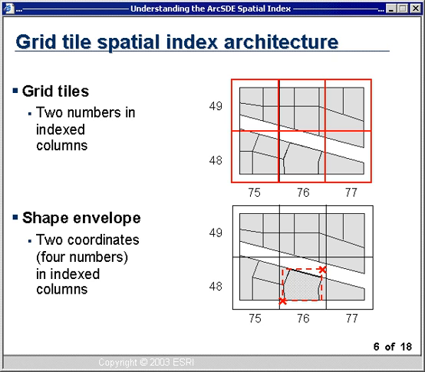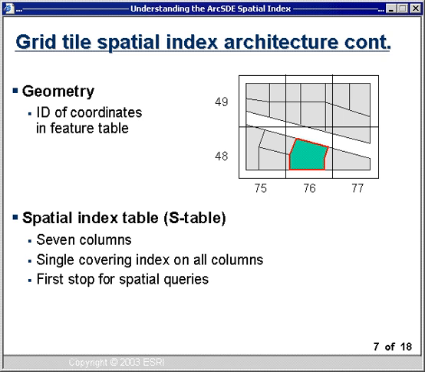So moving on with the rest of the grid tile spatial index architecture, I mentioned that there's 7 columns. So the first 6 were the grid tile identifiers and the individual shape envelopes. And the very last column represents the geometry. It's actually a feature identifier, or an ID, that will link each record in the spatial index table to its corresponding shape that's stored elsewhere in the database.